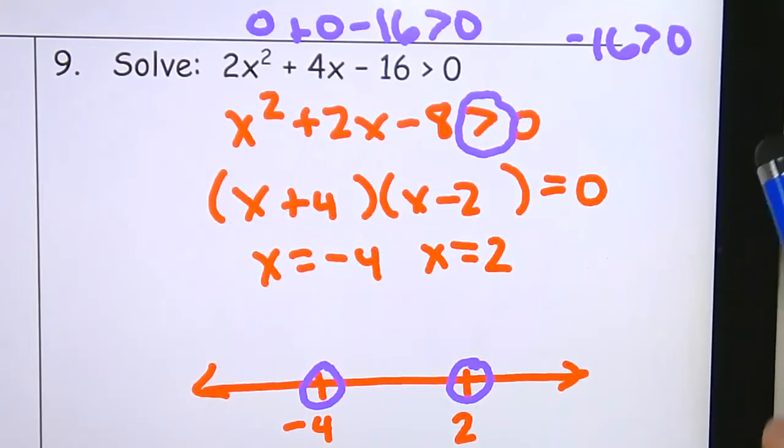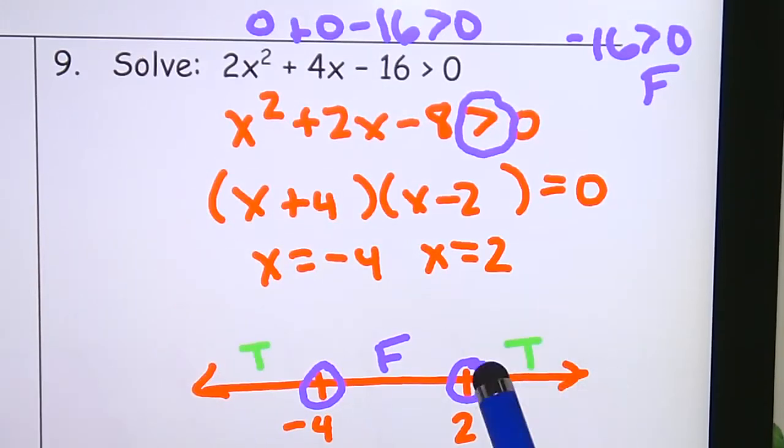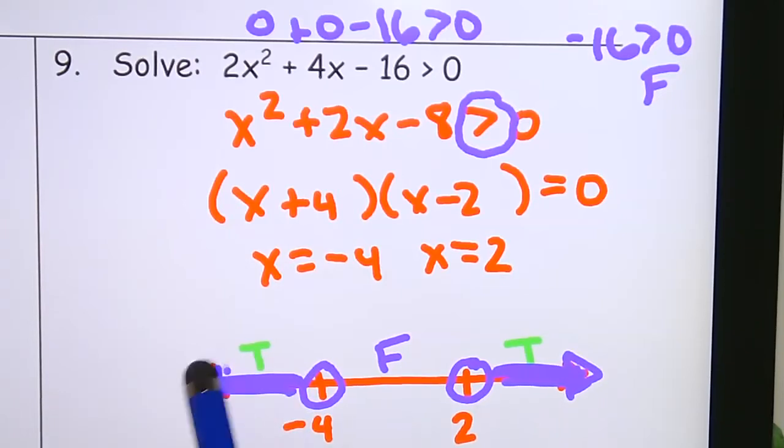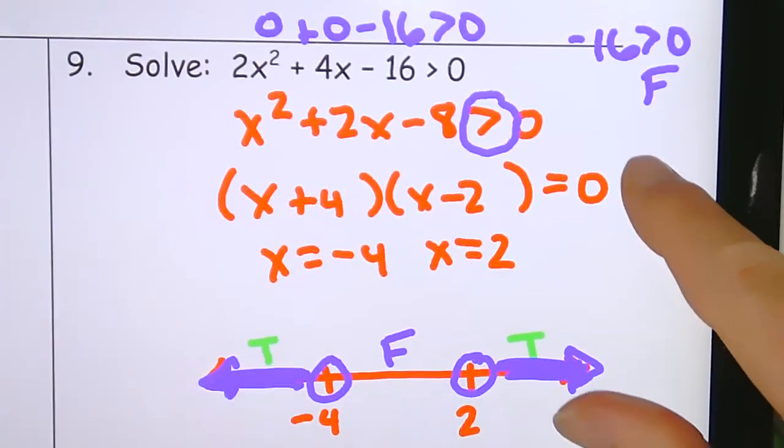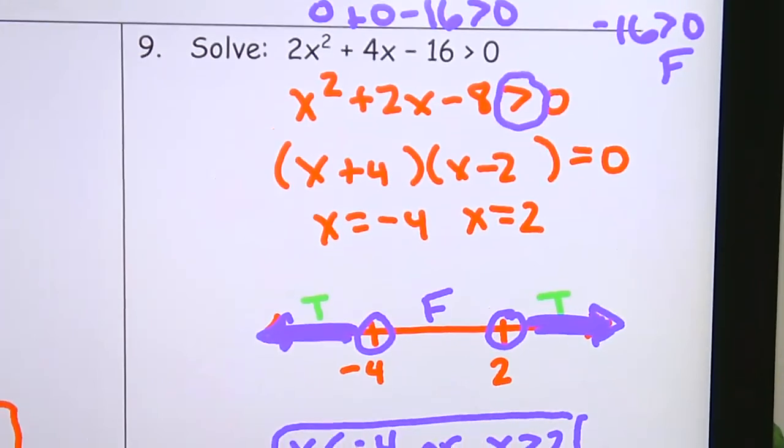Is that true or false? Well, that's false. So that means this is false here, which means on the outside, these have to be true. It's either going to be true inside or it's going to be true outside. So that means I'm going to be shading outside, because again, the 0, which was in between, did not make it true. And then I'm going to write my answer. x is less than negative 4 or x is greater than 2. And those are our solutions.